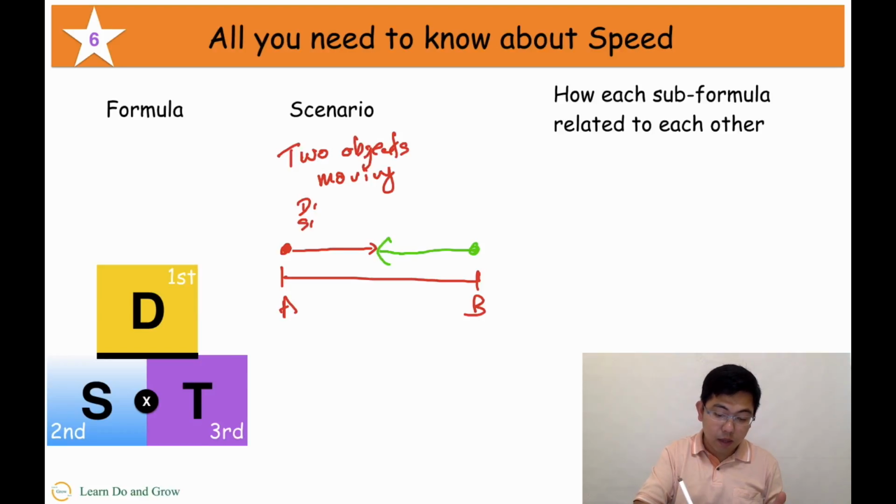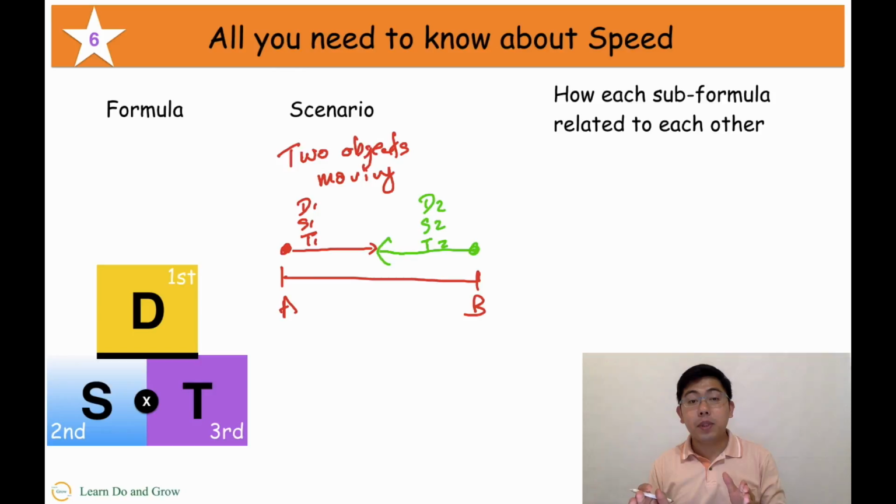D1, S1, T1, D2, S2, T2. Later on when I show you an example, you will see why I asked you to do this. The reason is that when you do that, the whole thing will be very, very clear. Okay, so this is another scenario of two objects moving. So let me proceed on to the next portion.